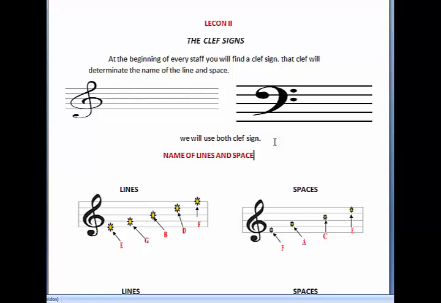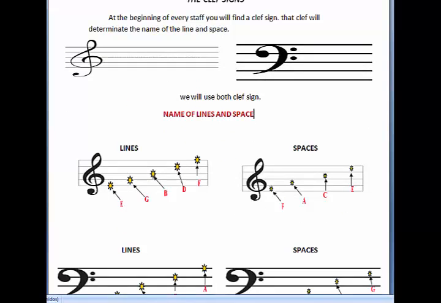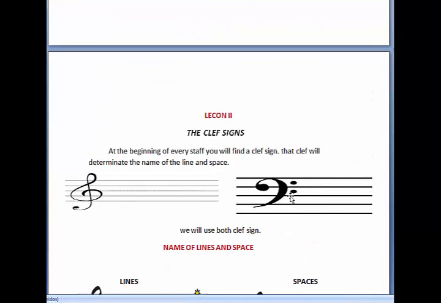If you only play guitar, you don't need the bass clef. This is that clef. But if you're going to play bass guitar, you need it. If you just play simple guitar, you only need the treble clef, or G clef.